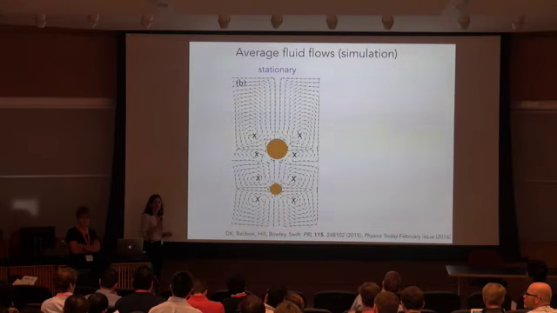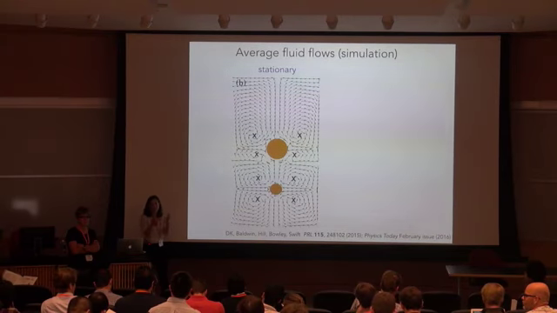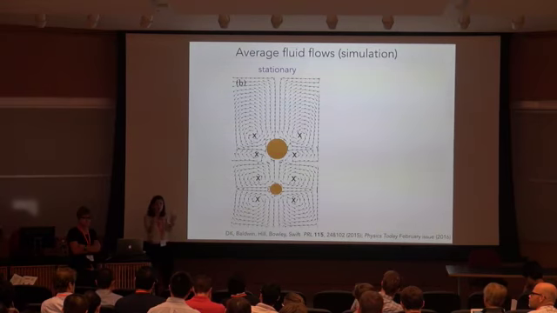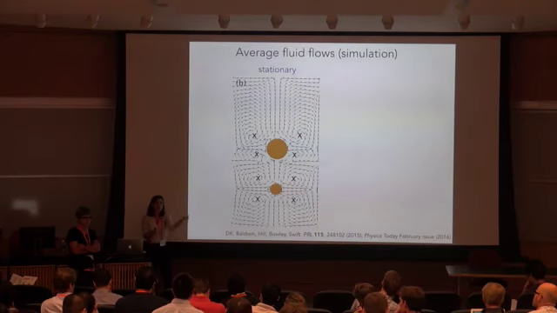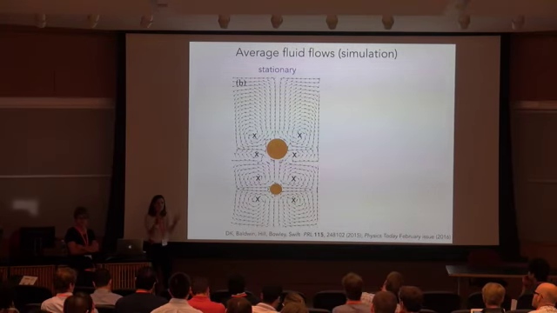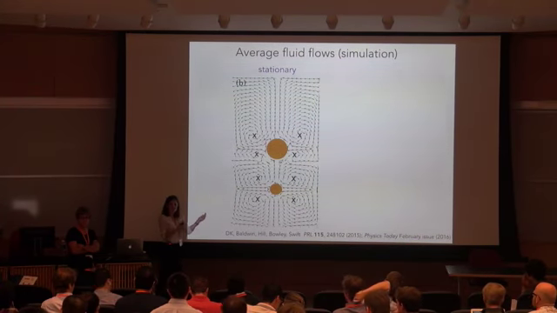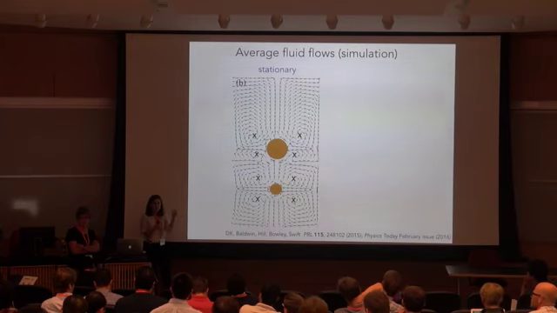This is the kind of flow you get as you increase the Reynolds number towards this intermediate regime. If you just have a sphere, forget the two spheres and the spring, and move it back and forth at low Reynolds number, the average flow over a cycle is zero, because the second half cancels the first half.